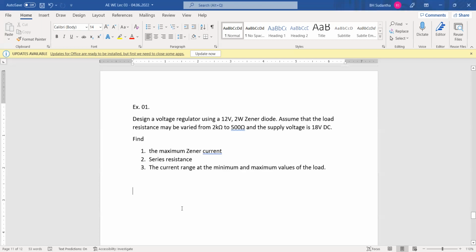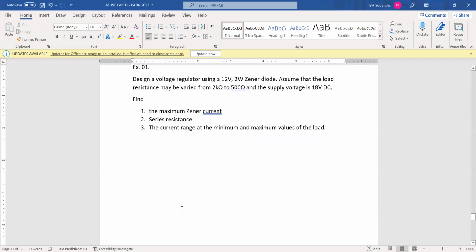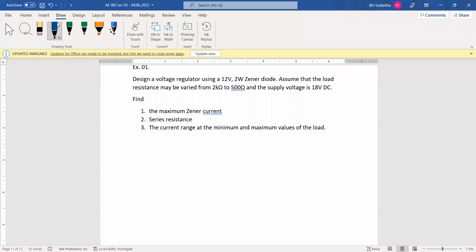Okay, we can do it now. This is the circuit. It's not a difficult circuit.